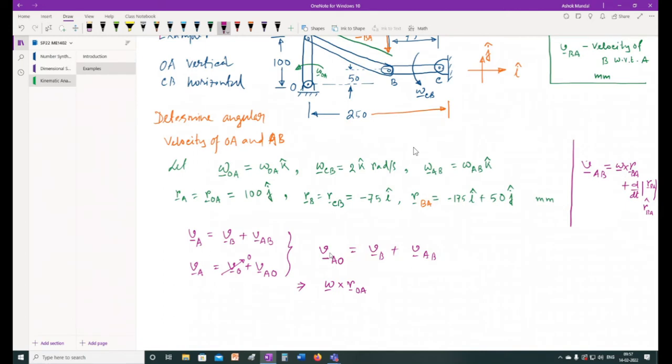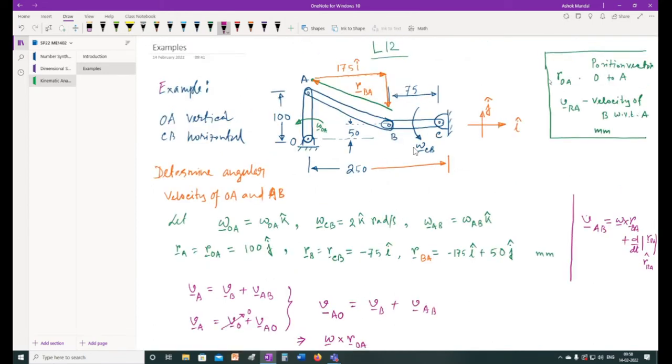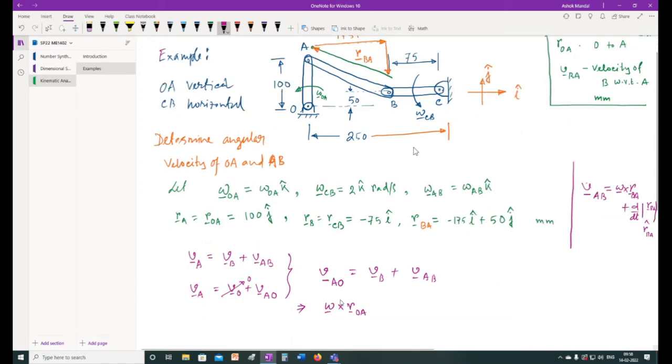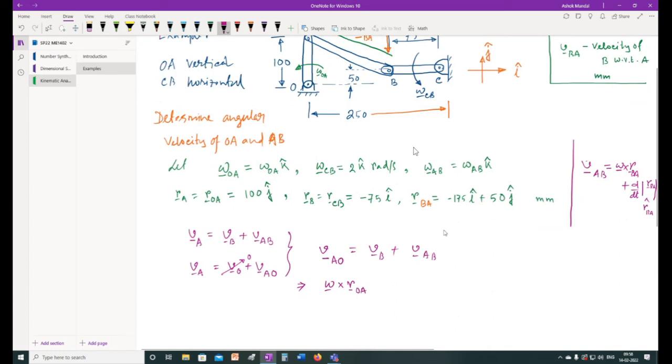Just do not be confused. Here we are writing R AO, and here we have written R OA. The definition I have given, the two things that we have defined in a confusing manner, but you can choose your definition.